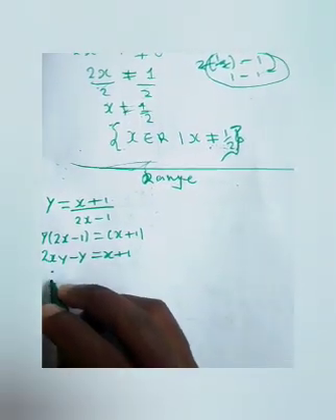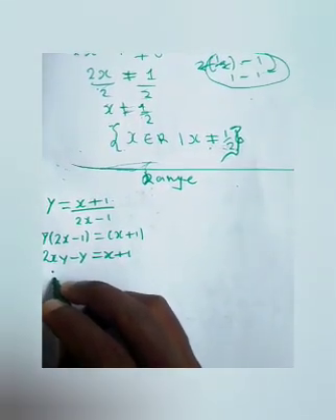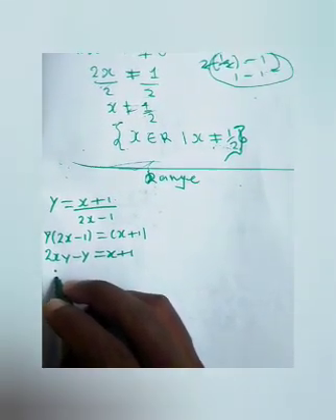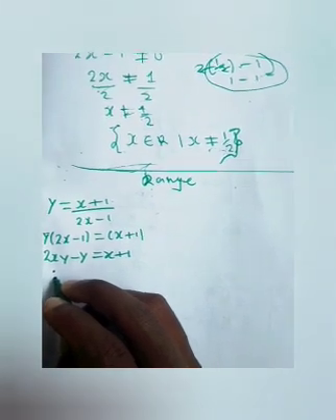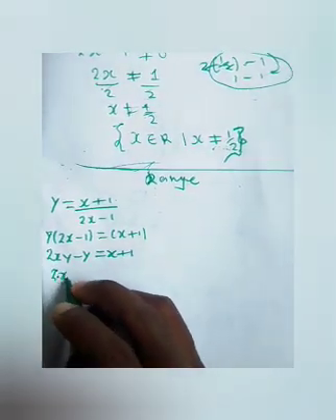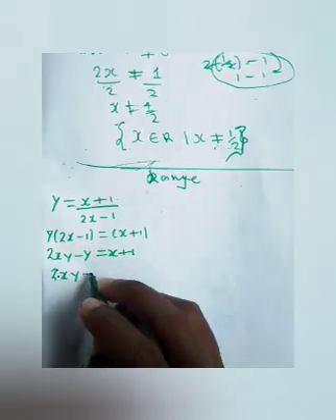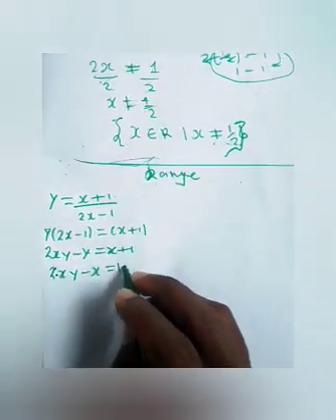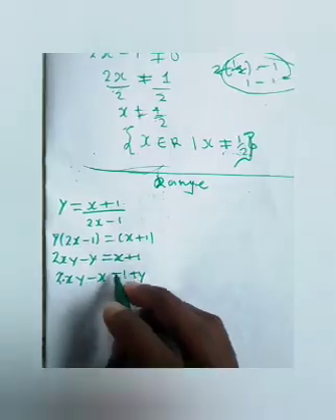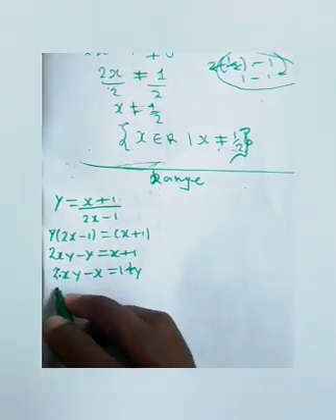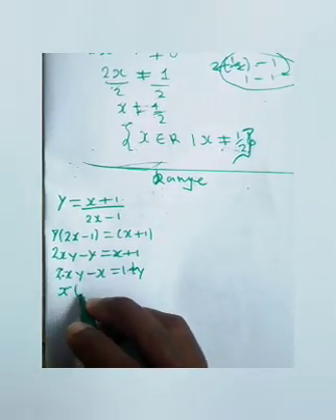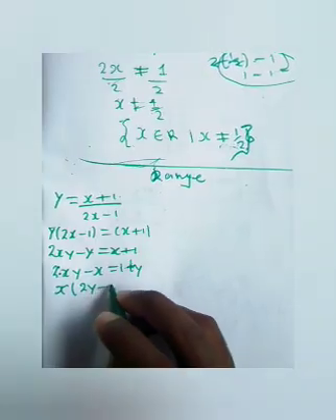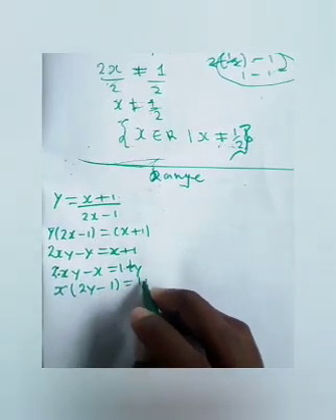So I need to have the values that are having x on a certain side alone, then those that aren't having x on the other side. So I'll have 2xy, this x is going to come here, it will be negative x. 1, this is, when this y goes there, it will be plus y, right? So I'll factor out x, so I'll have x outside there, and I'll have 2y minus 1 is equal to 1 plus y.